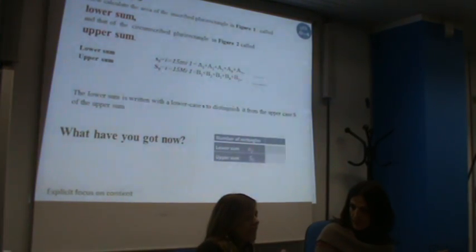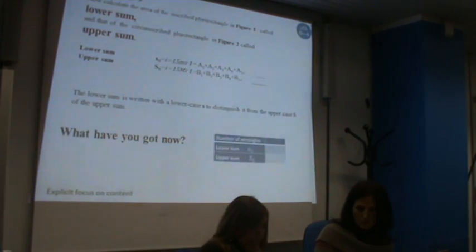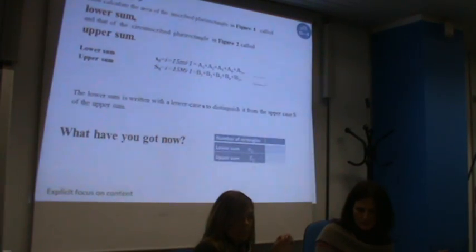So we have in exercise 9 two new concepts, lower sum and upper sum. That is the sum of the inscribed rectangles and the circumscribed rectangles. So they calculate this value using only 5 rectangles.